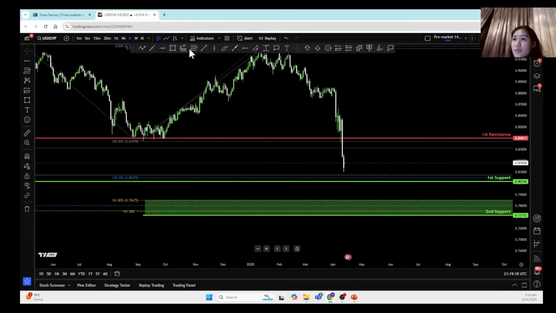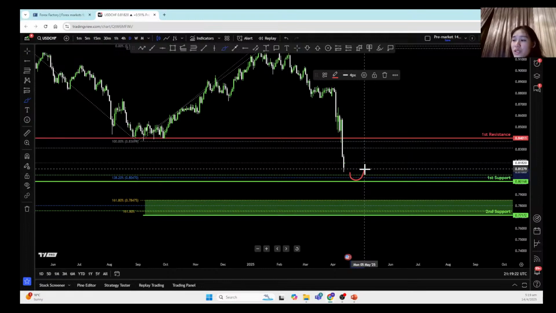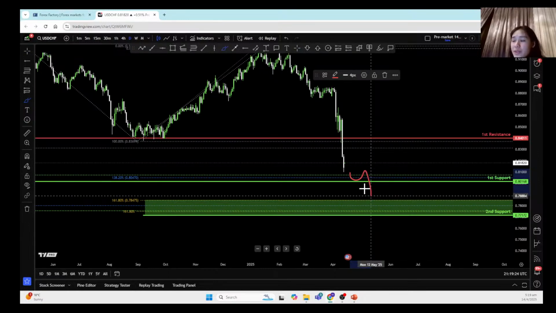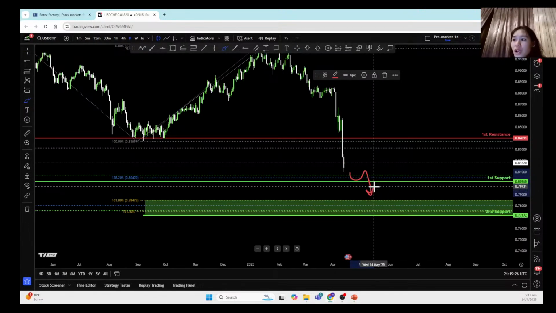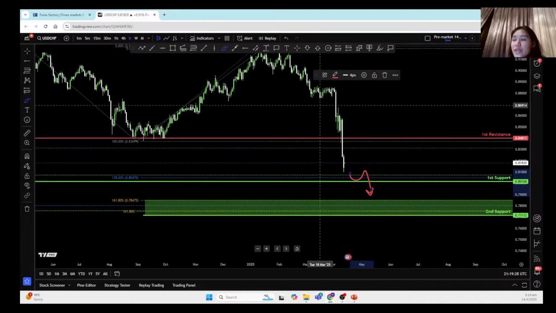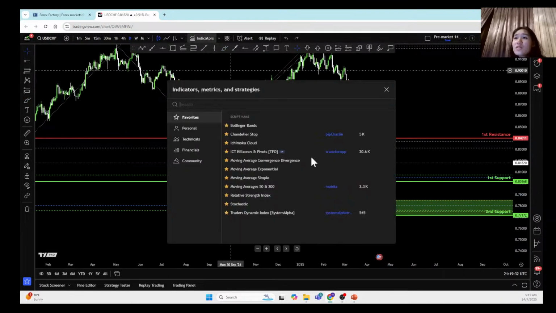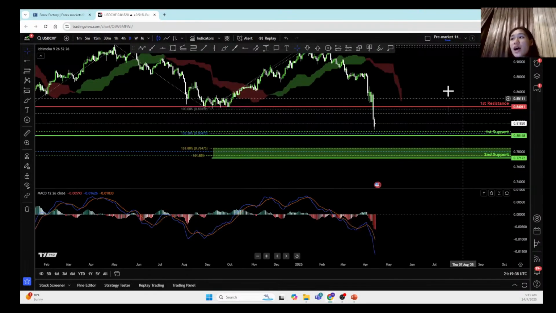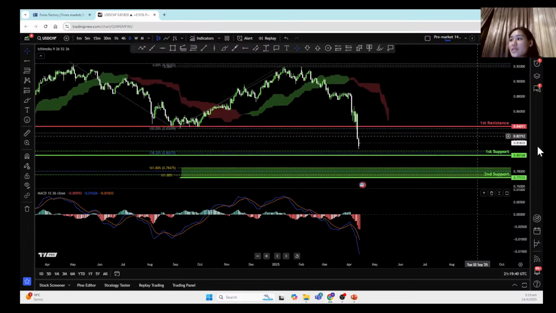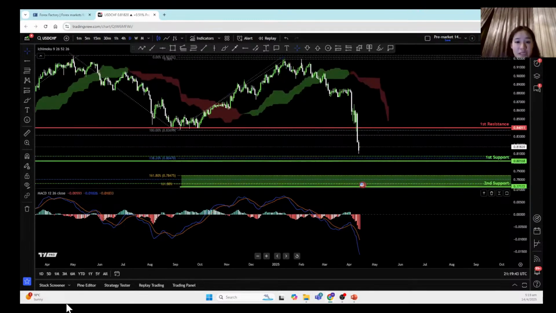So we could see a bit of a bounce off of this first support, but ultimately I'm expecting it to continue to move in this descending trend. So let's take a look at our indicators and see what the signals are. To start off, I like to look at Ichimoku and MACD because at one glance you can tell exactly what the signals are.